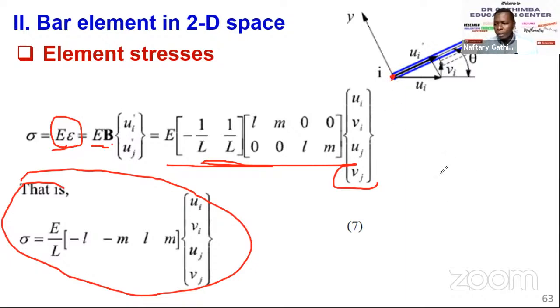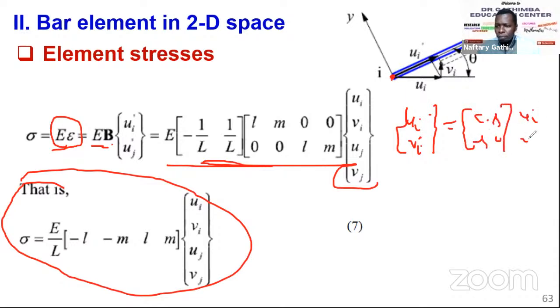here, we said u_i, v_i prime is equal to [cos, sin; -sin, cos] times u_i, v_i. So u_i, u_j.